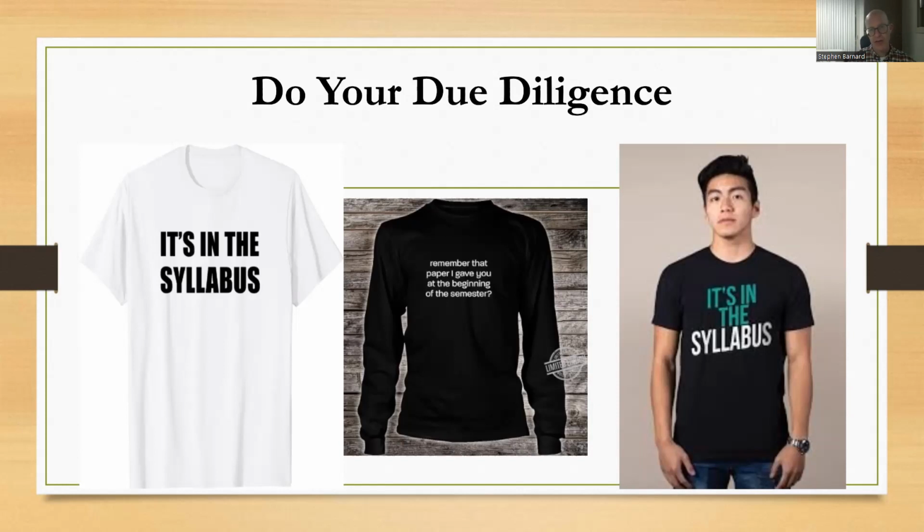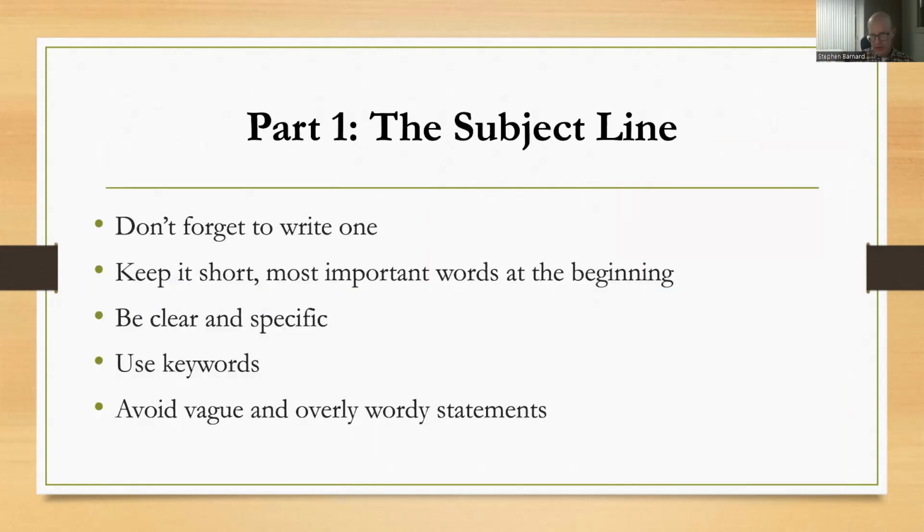Okay, so now you have a great email address and the information that you're looking for is not in the syllabus, so you're going to write an email to your professor. The first thing you need to do is write a subject line. It's important that you don't forget to write one.